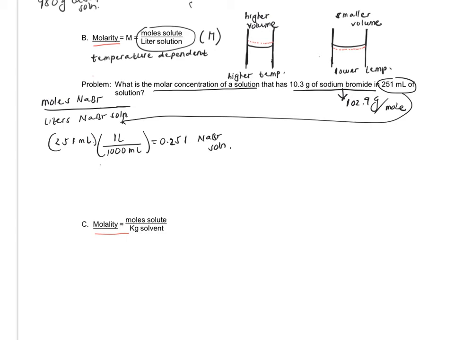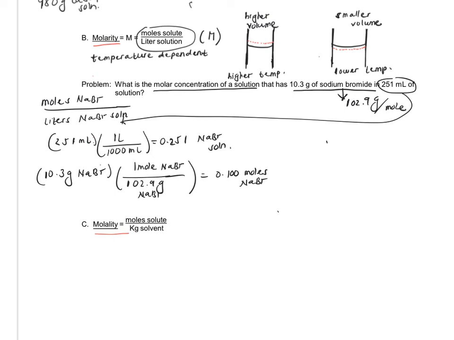Now we just need to get our moles of sodium bromide, so we're going to take the mass of our sodium bromide and divide by the molar mass, which is 102.9. So the moles of sodium bromide ends up being 0.100 moles.